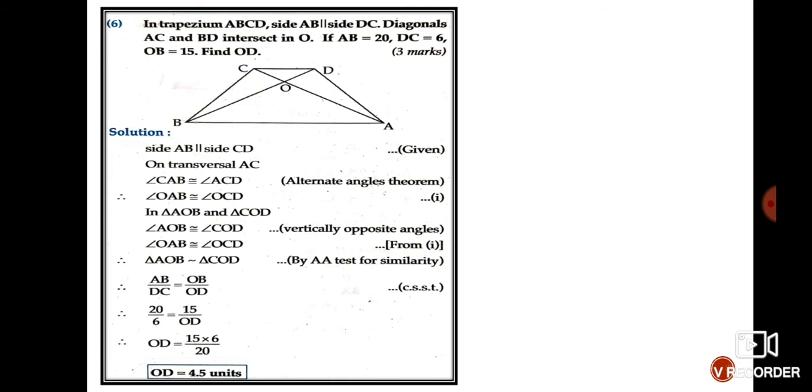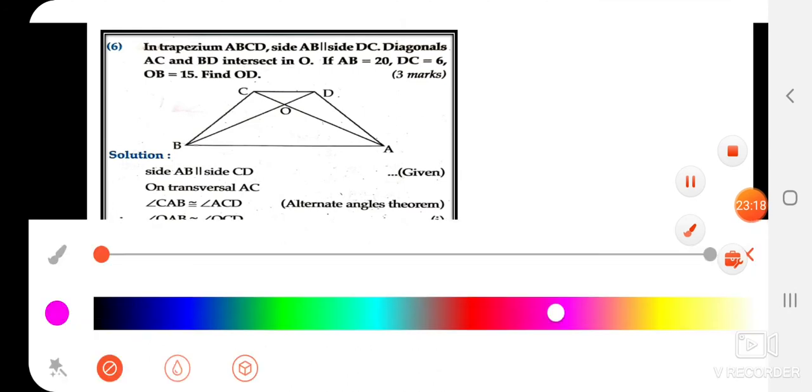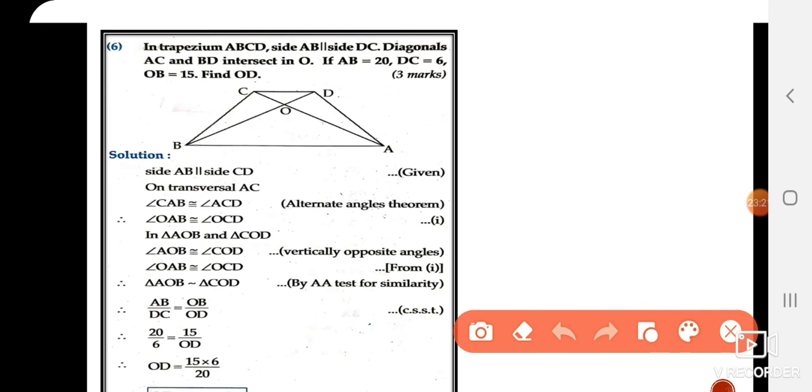Okay. Now here, if you can see, CD is parallel to AB, and if you take the transversal AC, then you can see angle CAB is congruent to angle ACD.